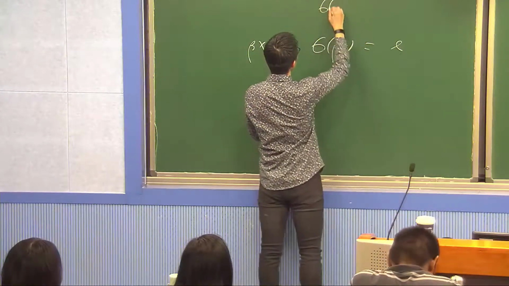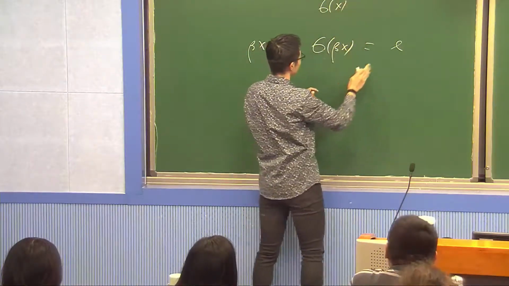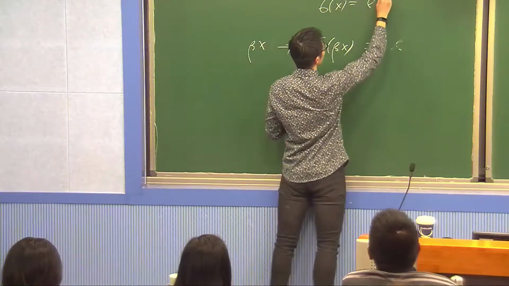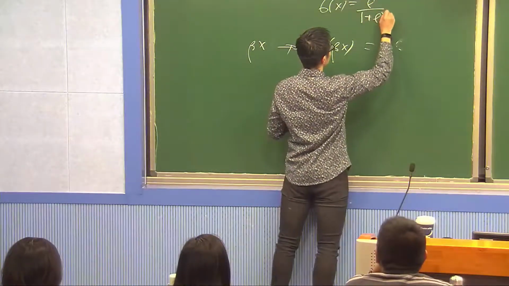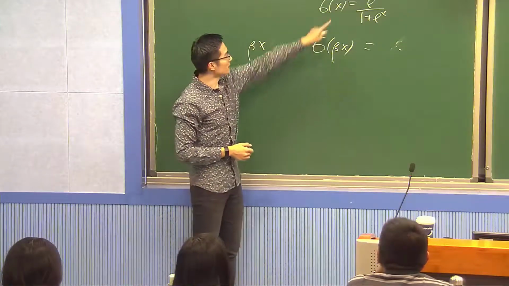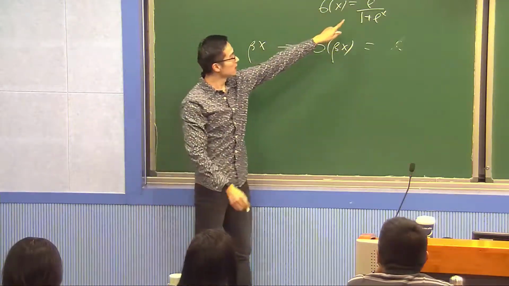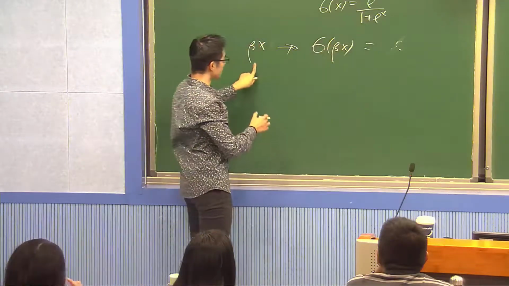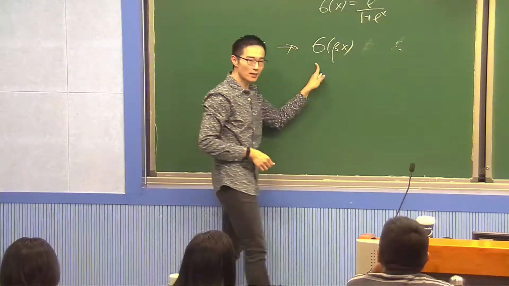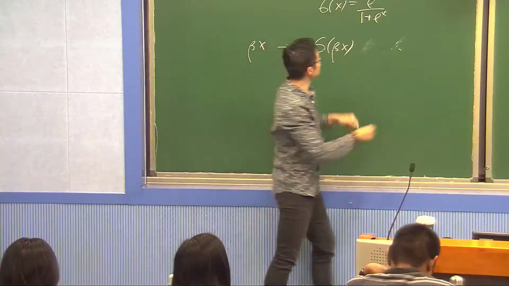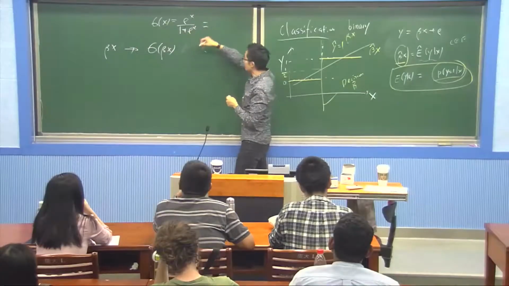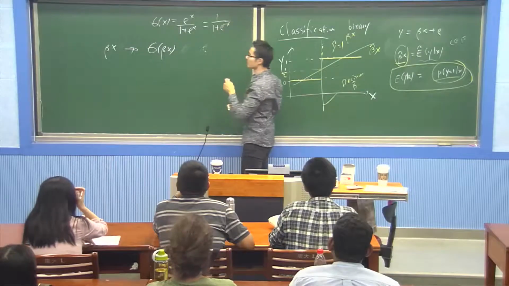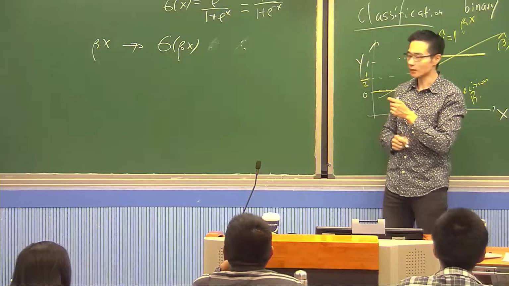Sigmoid x, let's forget about beta, is equal to e to the x over 1 plus e to the x. So then x can be unbounded, but this will always be between 0 and 1. So I'm just turning beta x into sigmoid of beta x. Now I can also write it this way, dividing by e to the x, which is 1 over 1 plus e to the minus x.